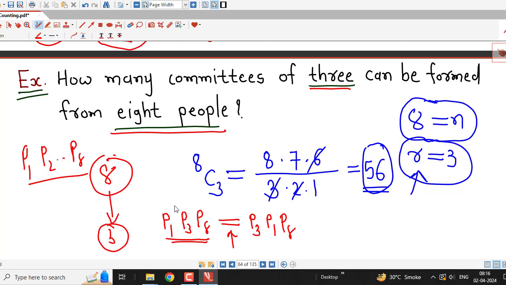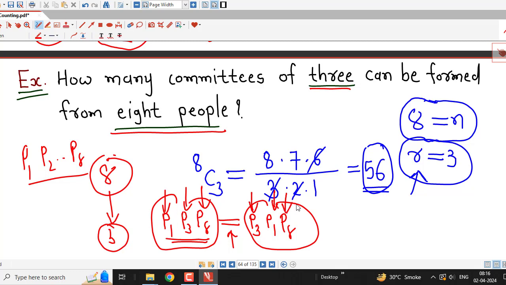Here order does not matter. We are interested in the selection of 3 people. Either I consider P1 first, P3 first, or P8, or if I select P3, P1 and P8, these two selections are considered as equal. So in this problem order does not matter, therefore we have to use the formula of combination.